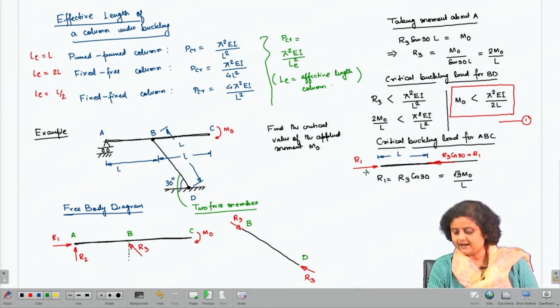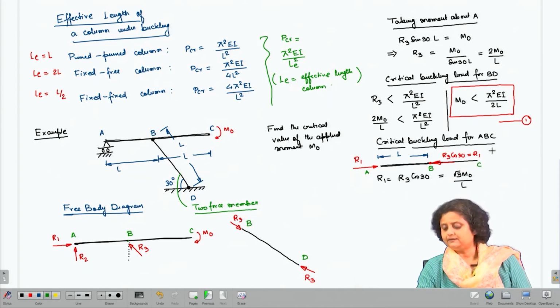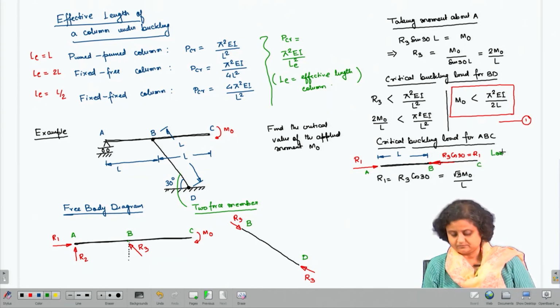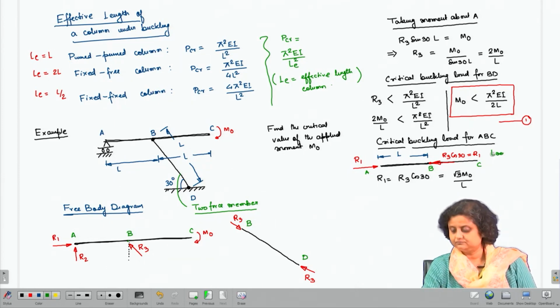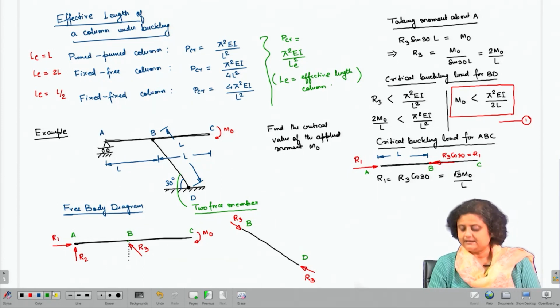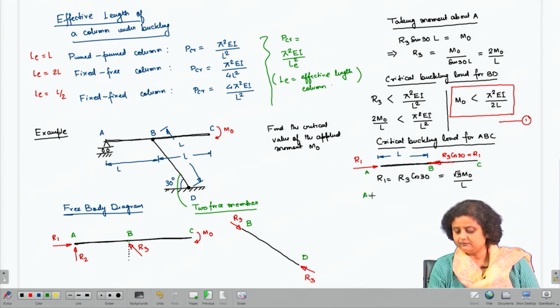So, this is A, this is B to C. So, the load is acting, so we can say that axial compressive load is acting only on AB.